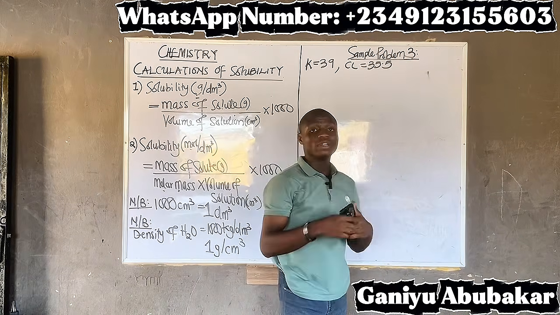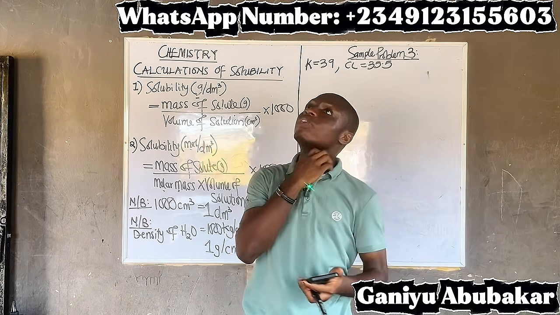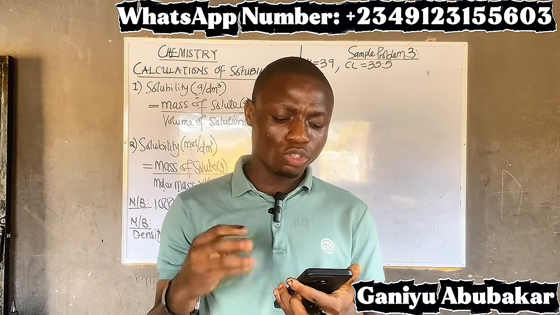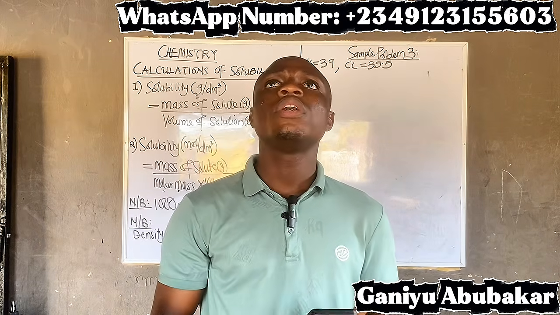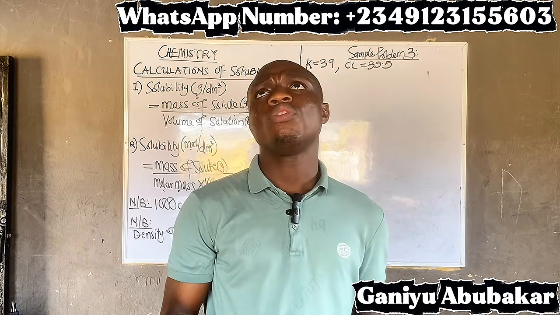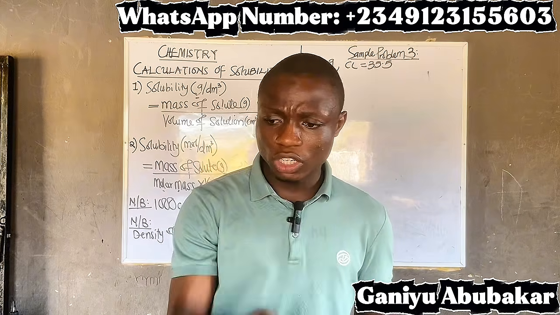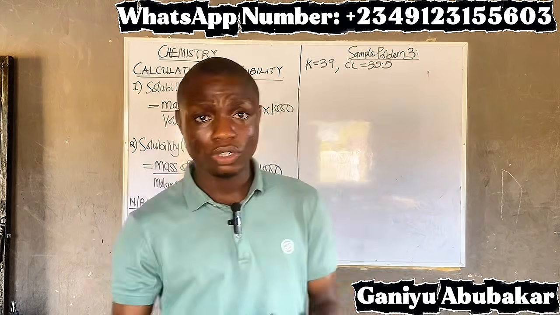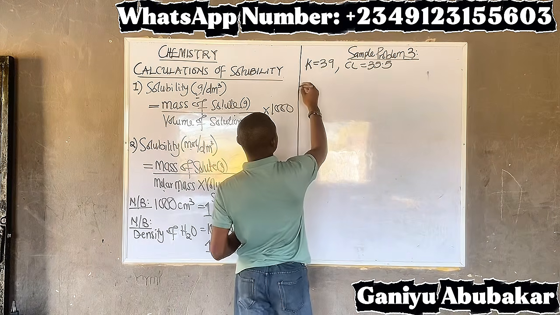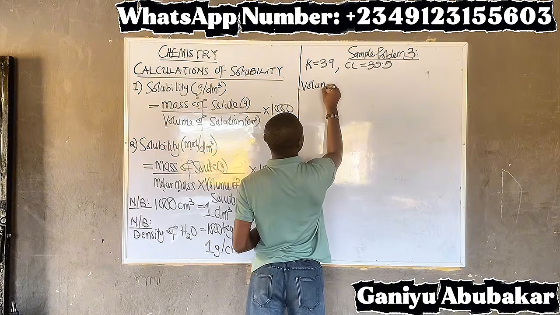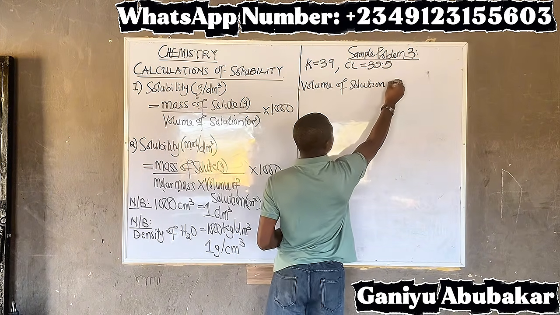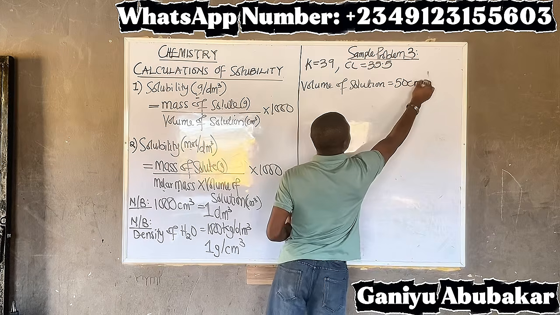All right, so listen to this, please. It's simple. It says a 50 cm cube of a saturated solution. So that's the volume of solution. The volume of solution is 50 cm cube.